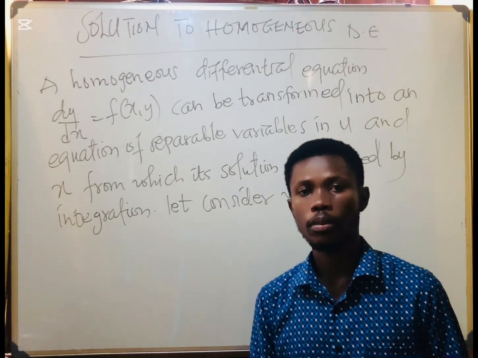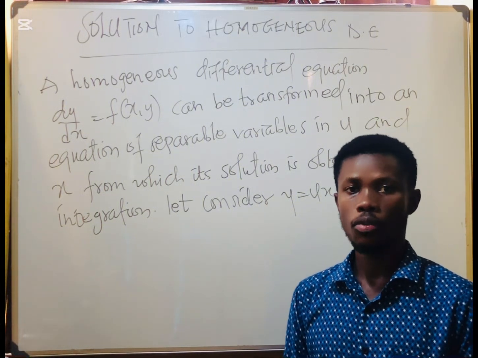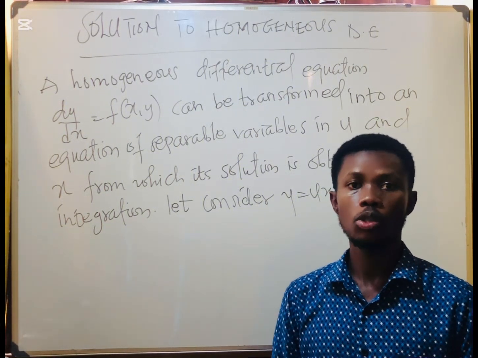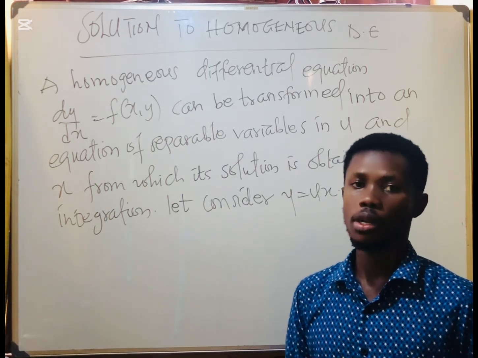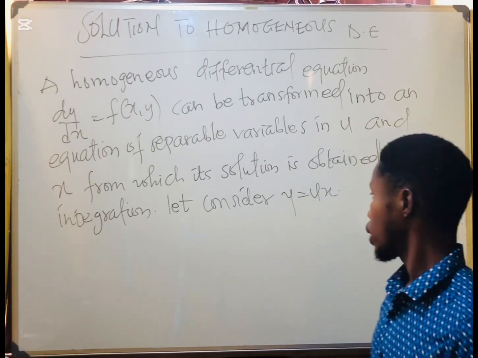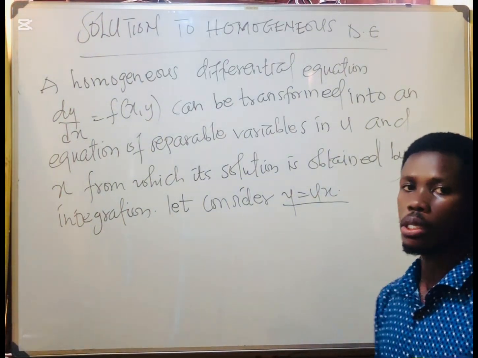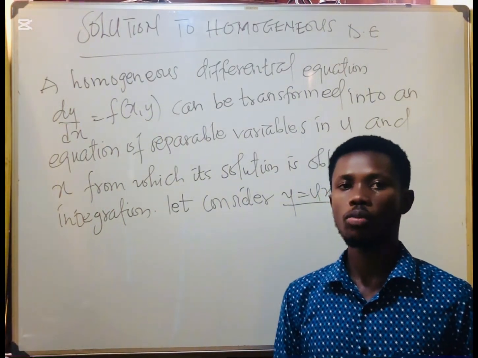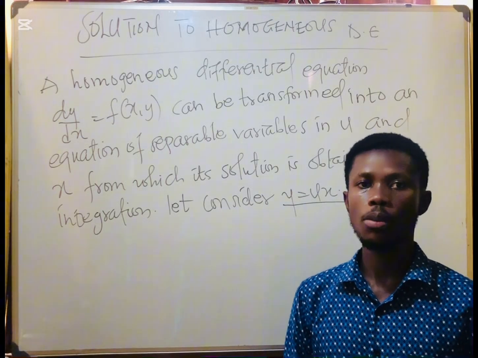You can't separate them. So before you can solve homogeneous differential equations, you have to be able to separate them. What can help us separate them is the transformation y equals ux. This one will help us transform the homogeneous differential equation to a separable one.